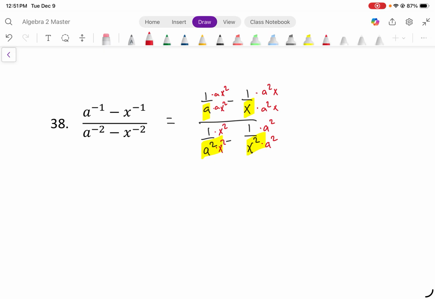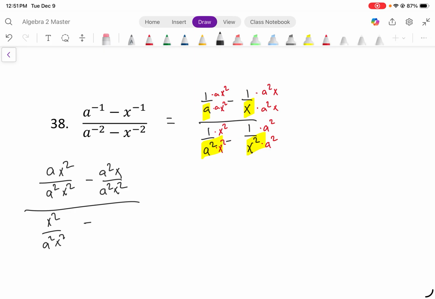I did a little bit of upfront work. What it's helping me to avoid is basically what I'm going to write out anyways. This would give me ax squared over a squared x squared minus a squared x over a squared x squared, over x squared over a squared x squared minus a squared over a squared x squared, which is really, really ugly.